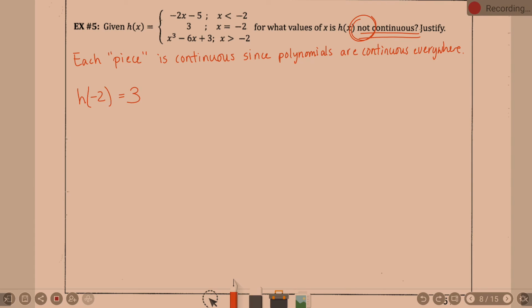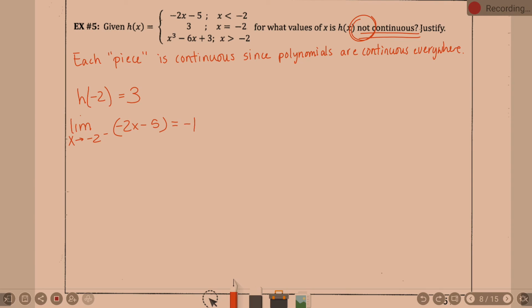Okay. Shall we talk about some limits? The limit as x approaches negative 2 from the left, which means I'm using negative 2x minus 5 when x is less than negative 2. That's 4 minus 5, which is negative 1.